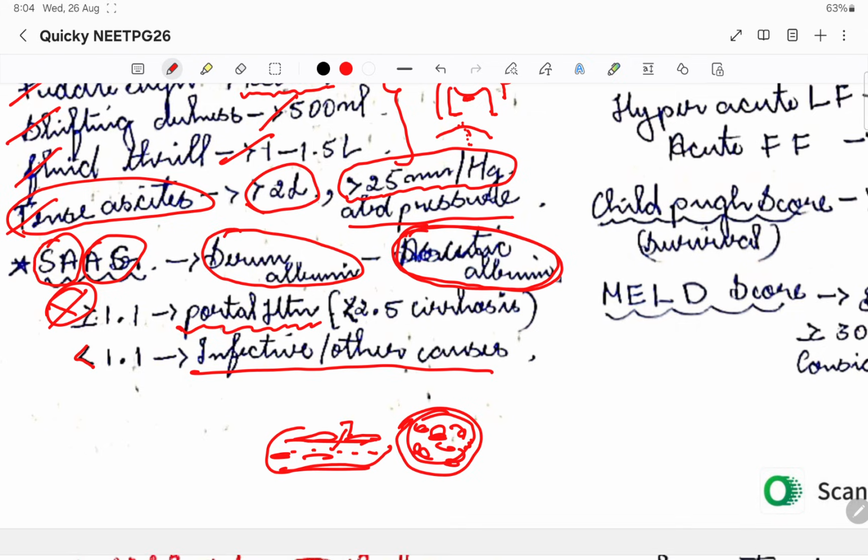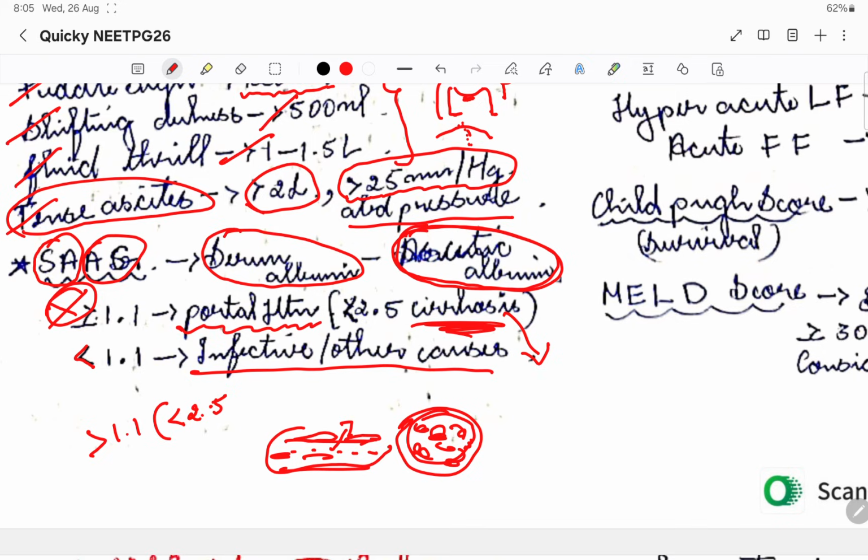Okay, and please note that if the ratio is more than or equal to 1.1, but less than 2.5, it means that it is cirrhosis. The reason why it is less than 2.5 is that it cannot rise more than 2.5, because there is no albumin production at all in the case of cirrhosis.